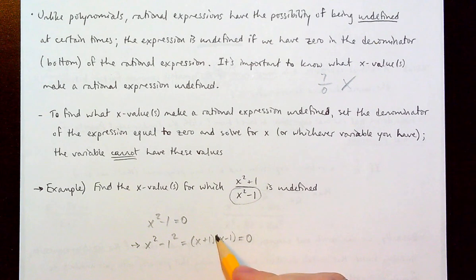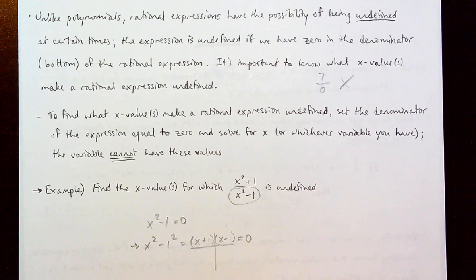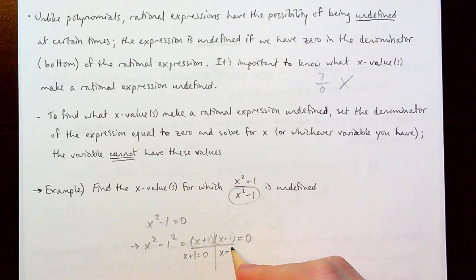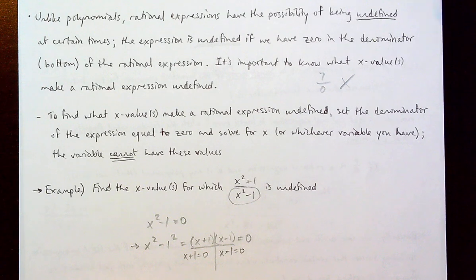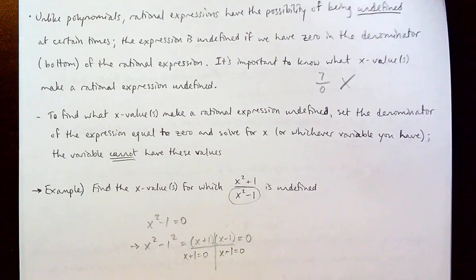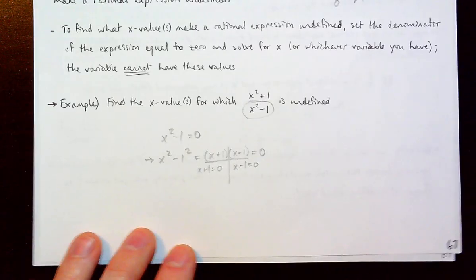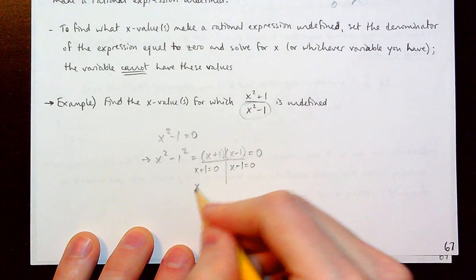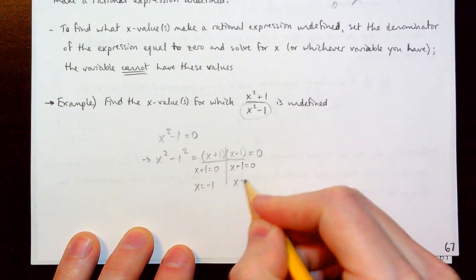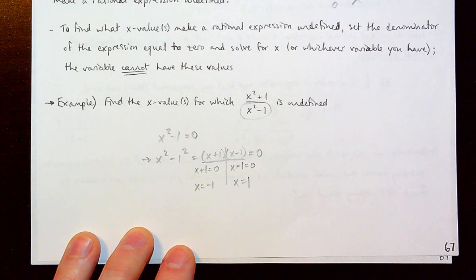So each of these factors we found, the product is equal to 0, which means either factor on its own could be 0. So I set each factor equal to 0. X plus 1 equals 0, and x minus 1 equals 0. And then we find that x is equal to negative 1 and x is equal to positive 1.